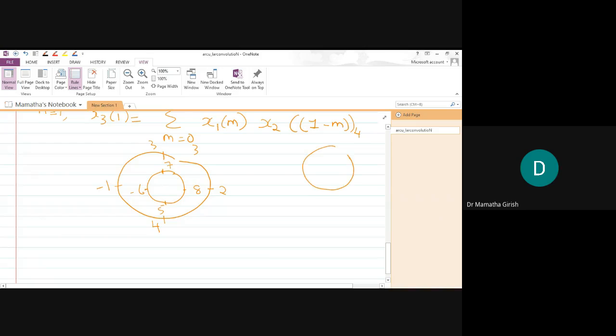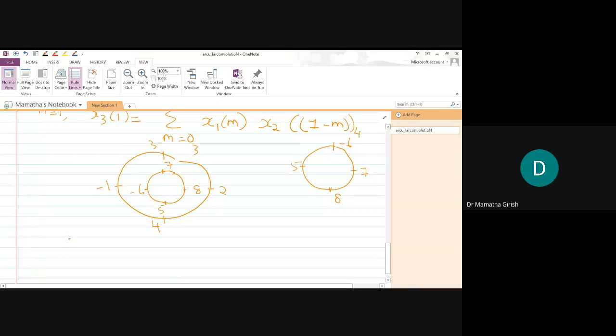In the earlier sequence x2 of minus m was 7, minus 6, 5, and 8. Please compare this circle with the inner circle. I've shifted this 7 by 1 unit in the anti-clockwise direction. Therefore 7 comes over here, then minus 6, 5, and 8.